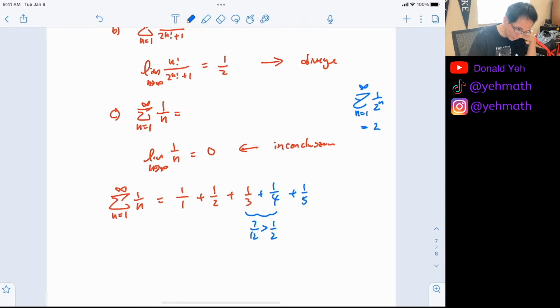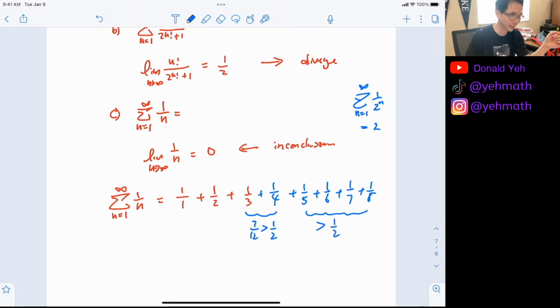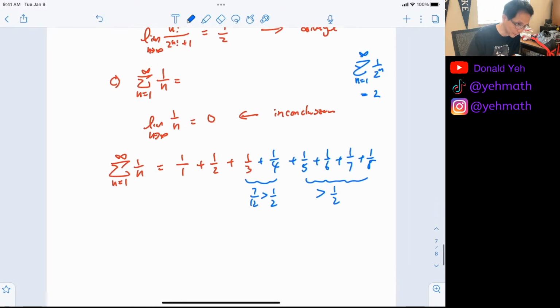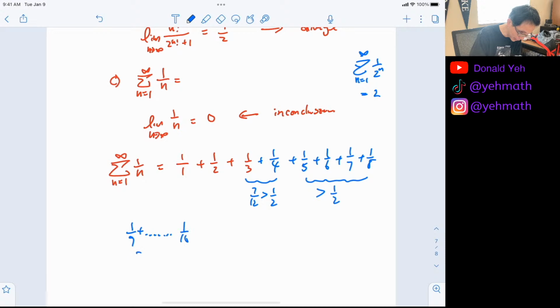Plus 1/5, plus 1/6, plus 1/7, and plus 1/8. This is greater than a half. But if each group is greater than half, and it goes on infinitely, even though the distance is getting longer, the next group is 1 over 9 up to 1 over 16, that is greater than 1/2.